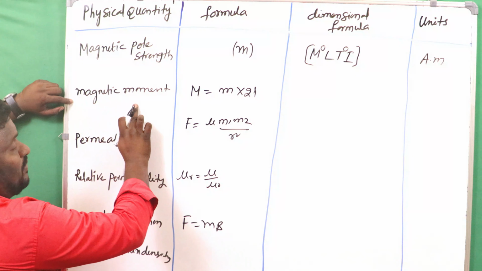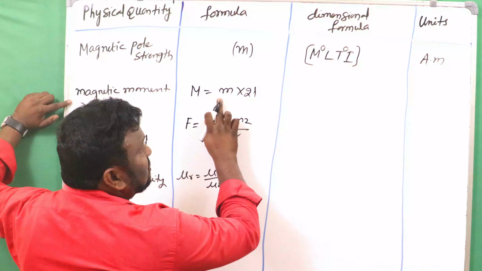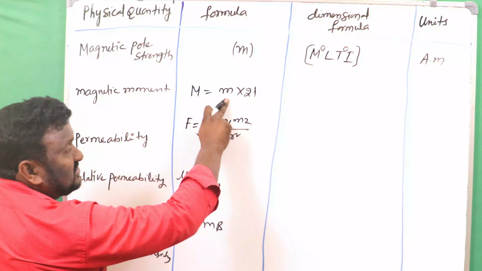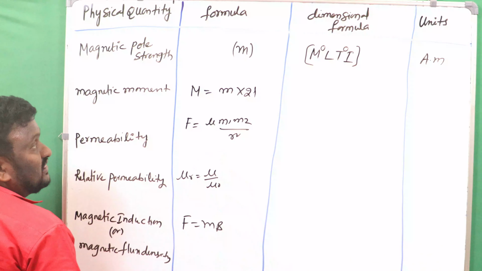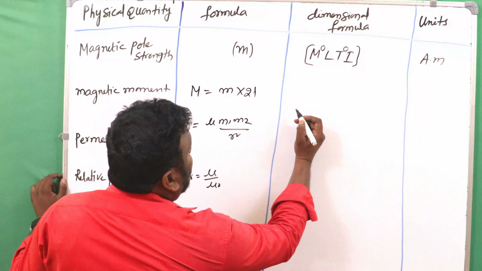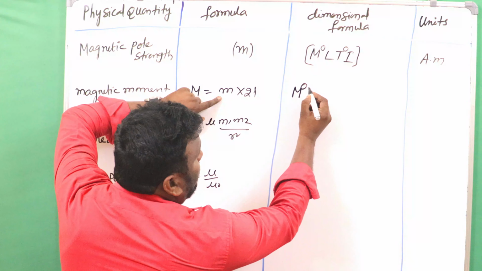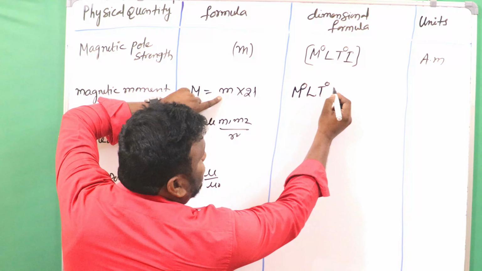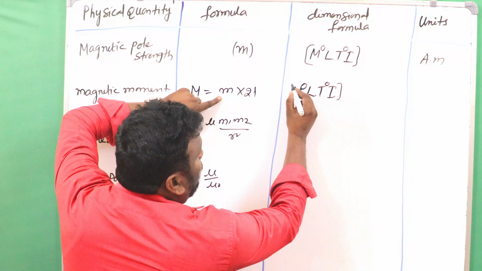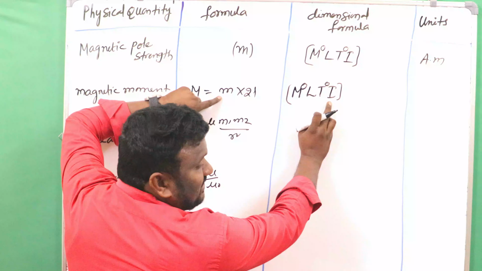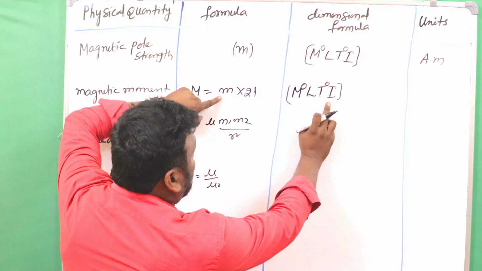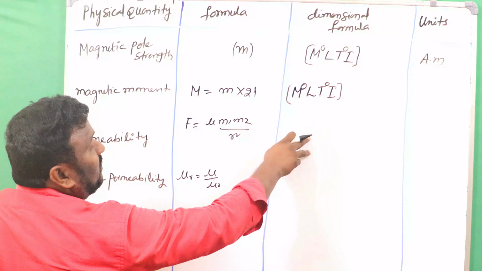And now the magnetic moment formula: capital M is equal to small m into 2L. Here small m is the pole strength and 2L is the length of the magnet. Already we discussed the pole strength dimension formula, M to the power of 0, L, T to the power of 0, I. I already told you in the previous video, we can represent the current as I or A, no problem at all. You can use any one of them.